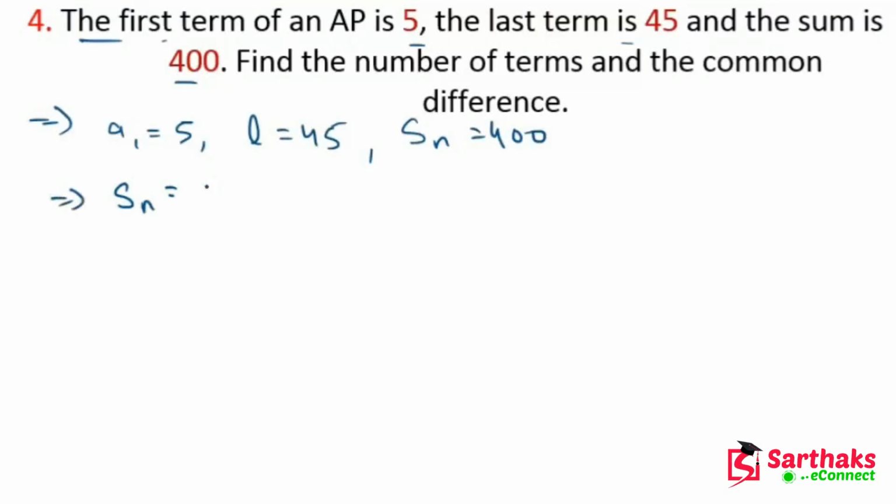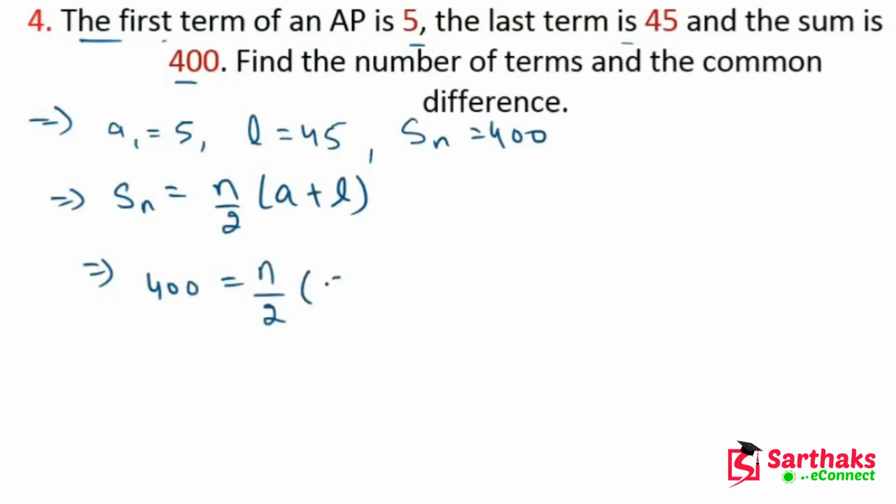Sn is equal to n upon 2 into (a plus l). Okay, we know Sn is 400. We don't know n, and a plus l is 5 plus 45.